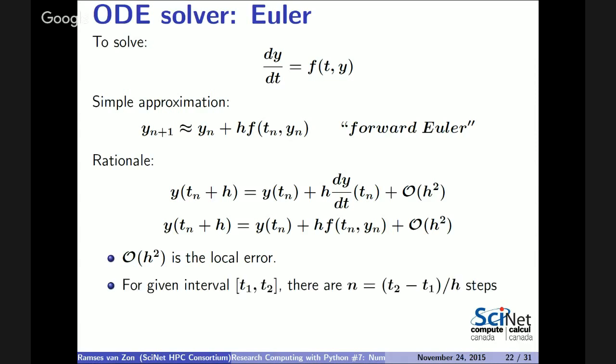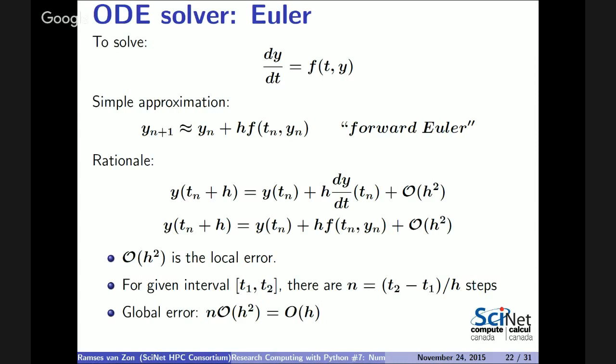So for a given interval, if my step size were fixed, I actually need t2 minus t1 over h steps. So that actually grows. The number of steps grows as I make h smaller, which means I actually get n times that error, potentially, leading to an error that is actually, because n goes as 1 over h, of order h. So this is called the global error.